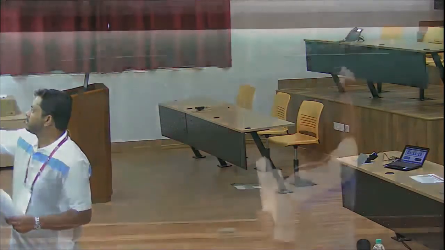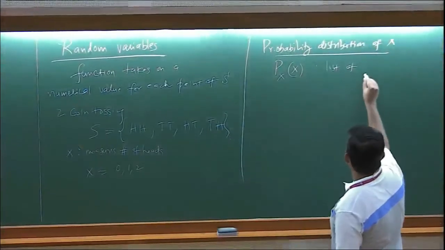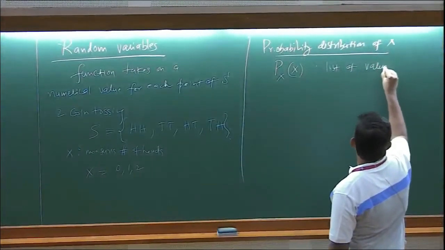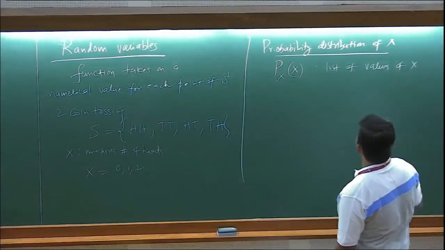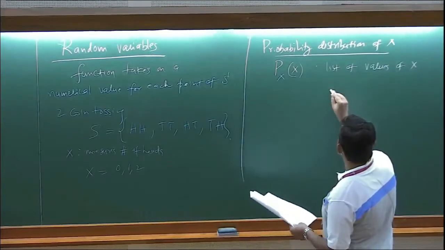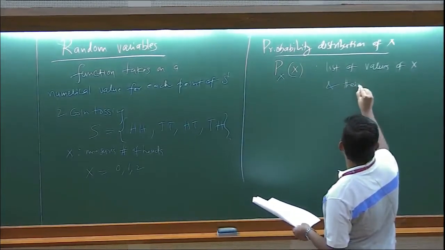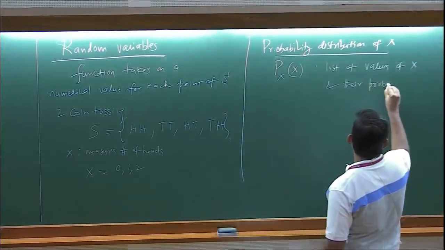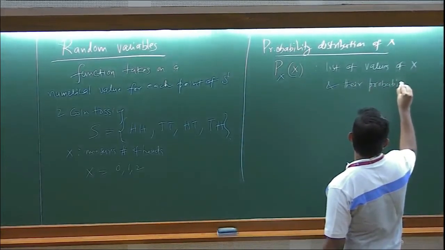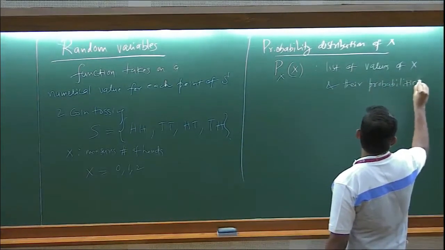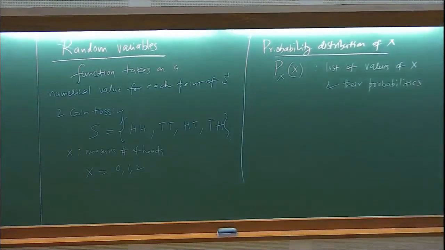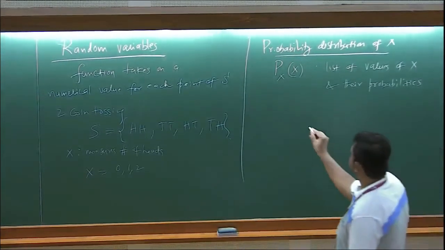So I'll call this the probability distribution of X. And what is this probability distribution? It is a list of the possible values of the random variable X and their probabilities. So for this case, just work out the following.